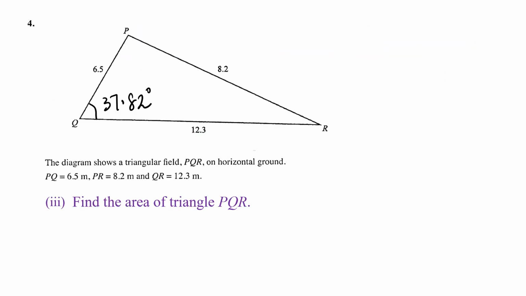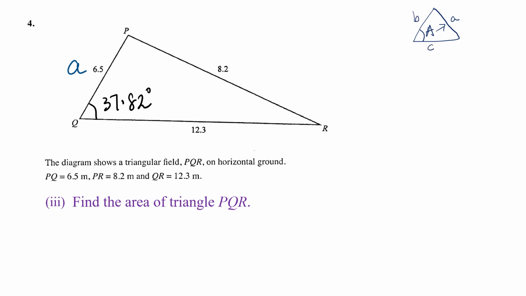Right, so for the last part of the question, we are asked to find the area of this triangle PQR. What formula can we use? Yes, we can use this formula called half ab sine C. So what is half ab sine C? Supposing you have a triangle, and this is angle A, the opposite side is lowercase a, and the other two sides will be b and c.